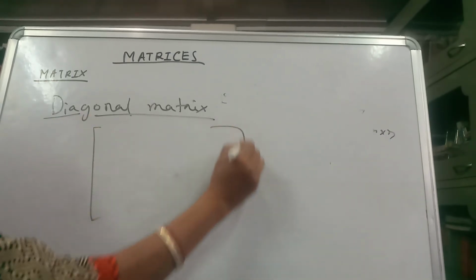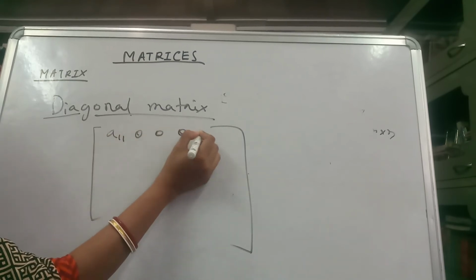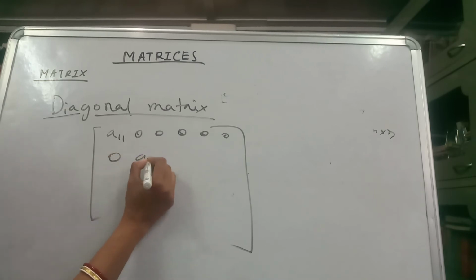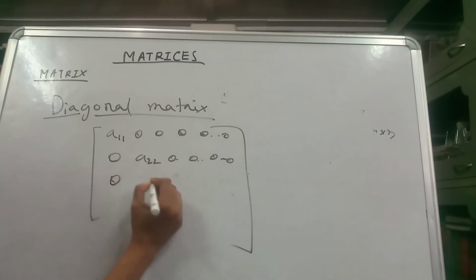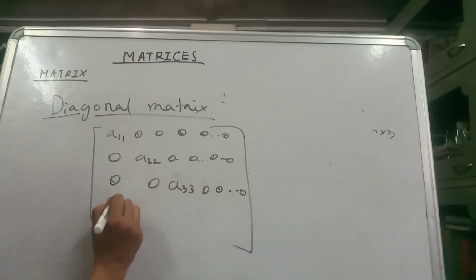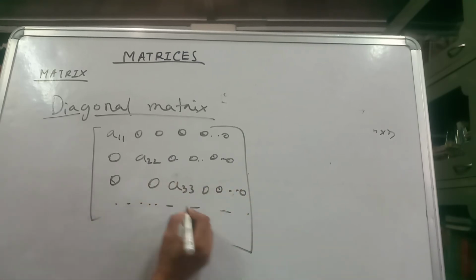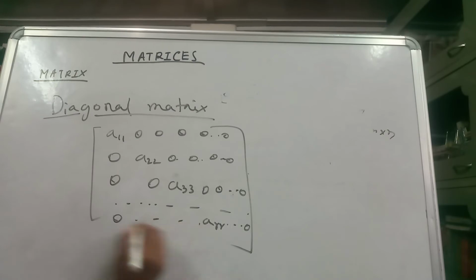like that, that is a11 0 0 0, 0 a22 0 0, 0 0 a33, in this way we will go. Here suppose an element is arr, and lastly we get amm.